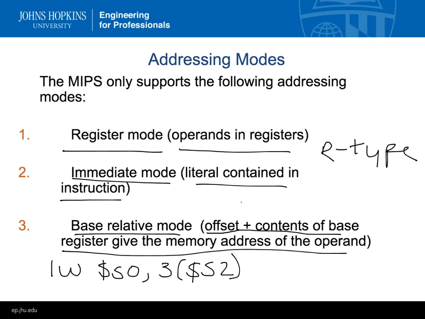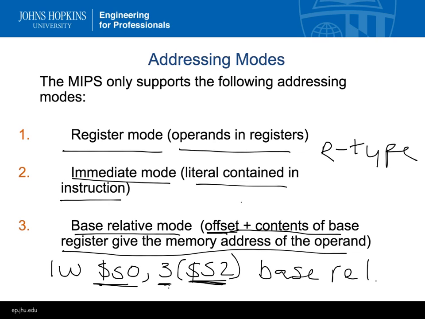Here we're going to go to the address in register S2. We're going to add this 3 to it. So that's the offset. And that's the address where we're going to load the contents of S0. So this is base relative.